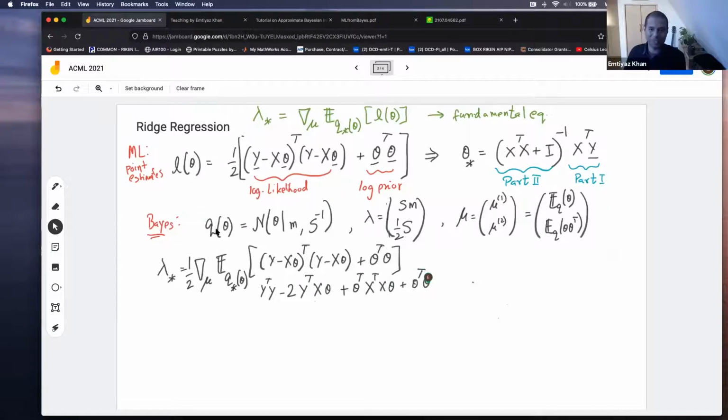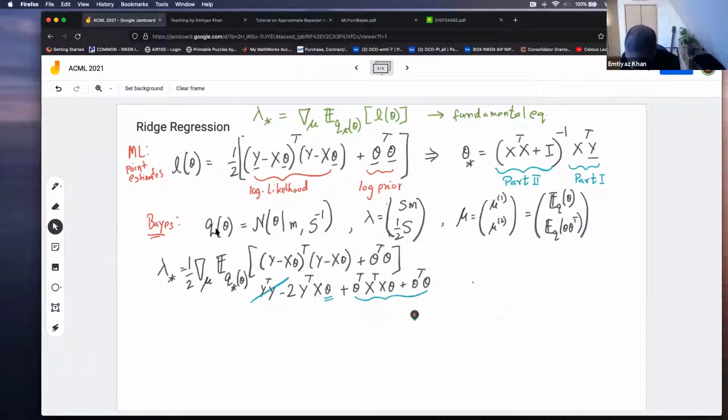I hope this makes sense because I've just expanded the quadratic. Now I can see that this first term is just a constant, so the gradient will take it to 0. I don't need to worry about it. This one contains theta, and I could rewrite them in terms of theta transpose. So that's what I'm going to do.